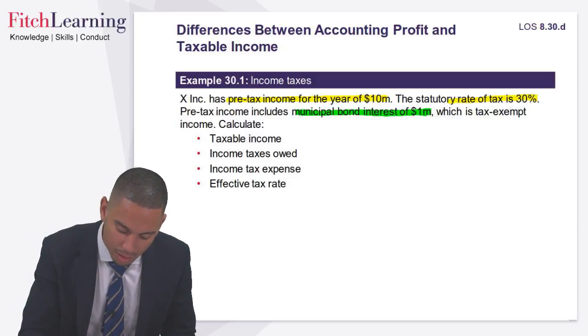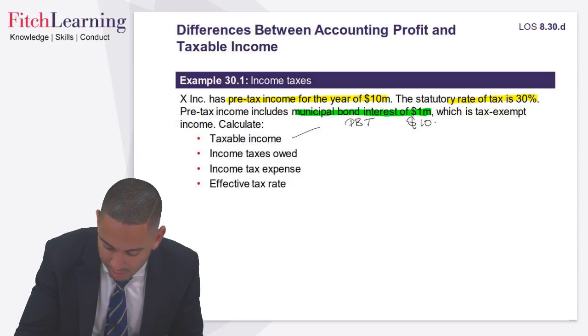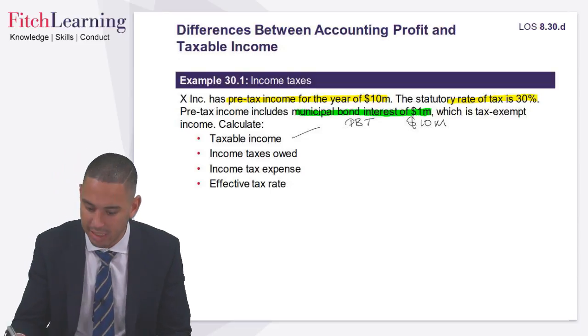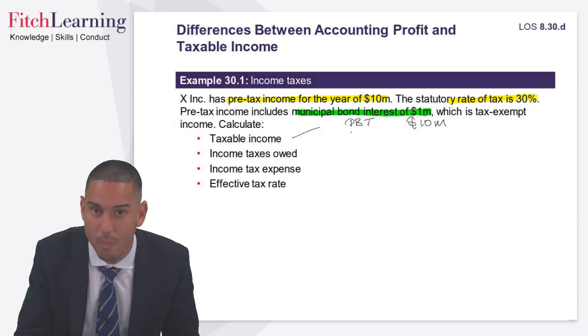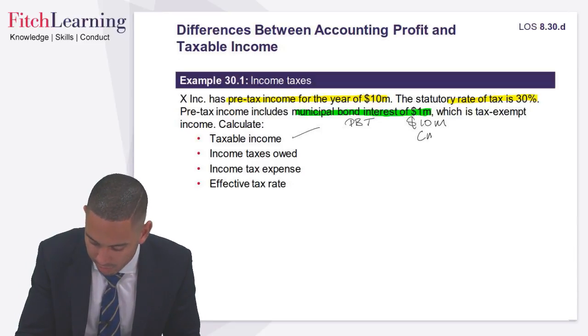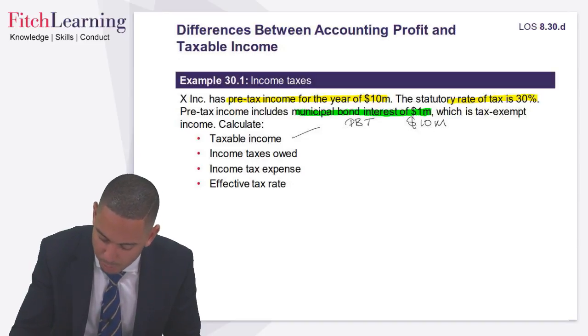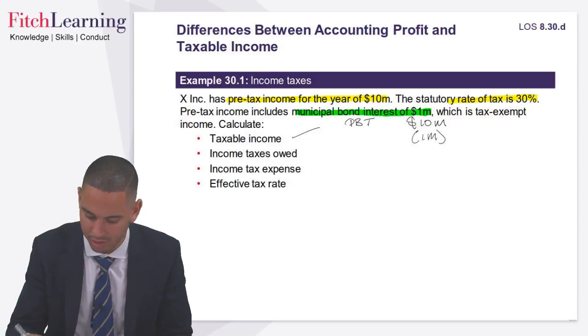And taxable income, I've said we take a profit before tax, which is 10 million, and we're then going to adjust it. We're going to adjust out any permanent differences when it relates to income. So there is 1 million of income in there, which relates to a municipal bond, which I'm never ever going to have to pay tax on.